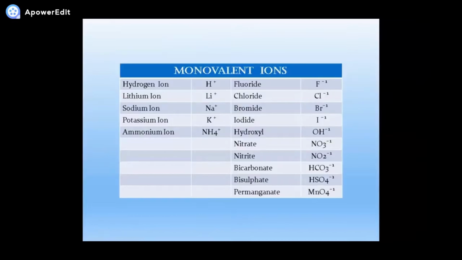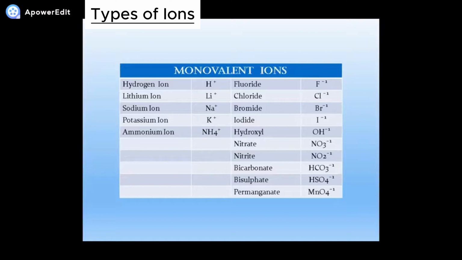At least one should know these ions. What do you mean by the word monovalent? Mono means one. So look at the board. Out of these examples that you can see here, how many examples do we have? 6. 1, 2, 3, 4, 5, 6.